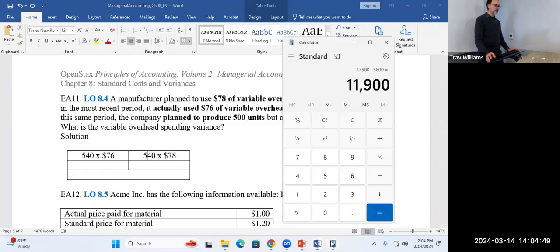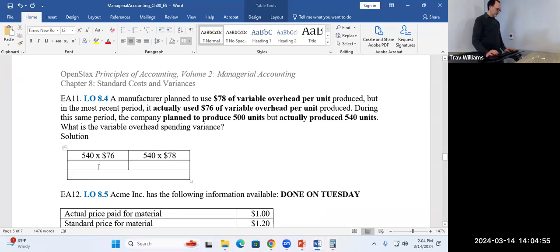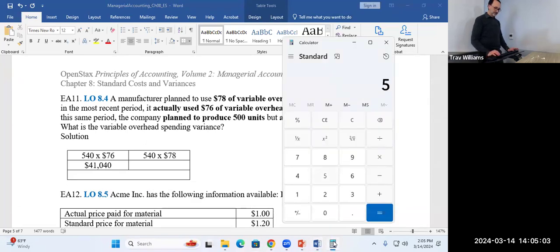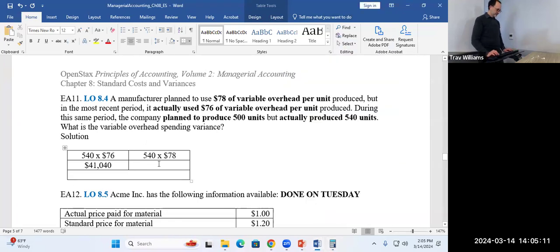Now we do our calculations. We get 41,040 on the left, our actual cost for variable overhead. And 540 times 78, that was the standard, so 42,120.